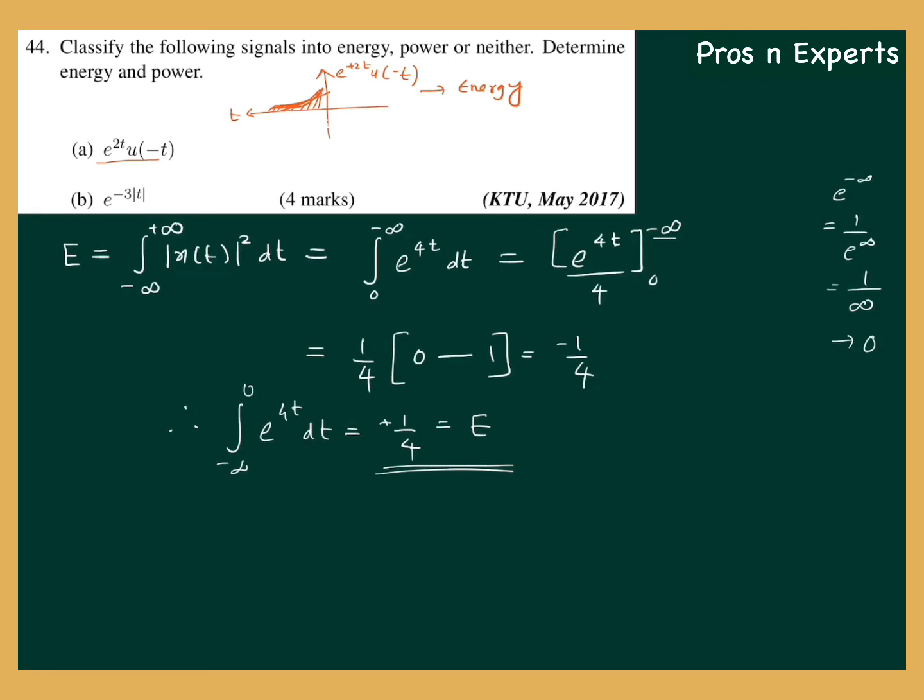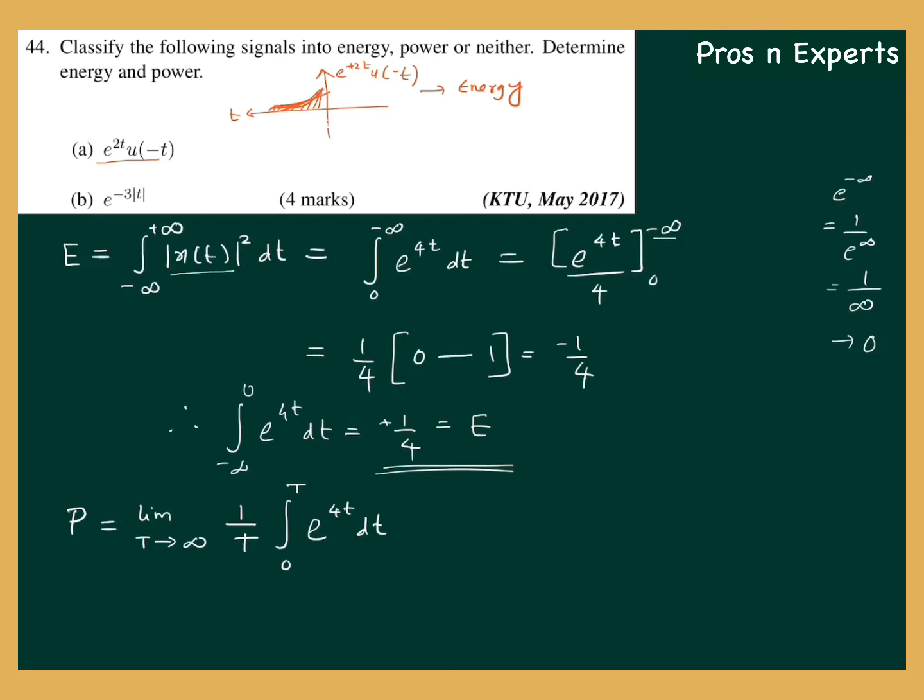So now we got energy as finite. Now let us find out power. Power is equal to, you know the equation, limit t tends to infinity. It is a non-periodic signal, so 1 by T integral over one time period 0 to T of e raised to 4t dt, because it is x square of t dt.